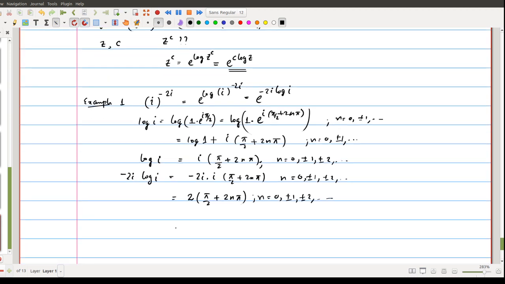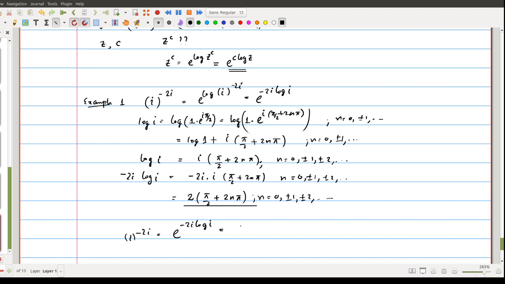Now we evaluate i to the power minus 2i. This is in fact e to the power minus 2i log i, and we replace minus 2i log i using this equation. This is in fact pi plus 4n pi.